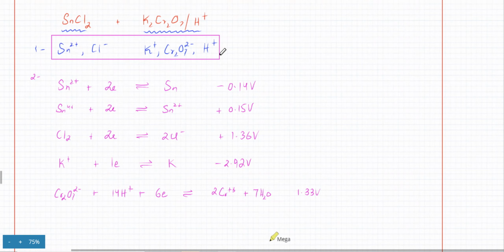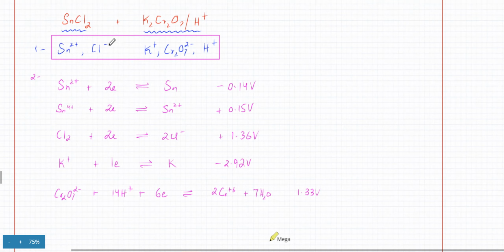I wrote down all the electrode reactions. I didn't know what was going to happen. For example, if I picked Sn2+, I wrote down that Sn2+ might gain 2 electrons to form Sn, or I wrote down this electrode where Sn2+ is in equilibrium with Sn4+. It might lose electrons to form Sn4+. This reaction might go in the backward direction, so I'm not really sure what Sn2+ wants to do.